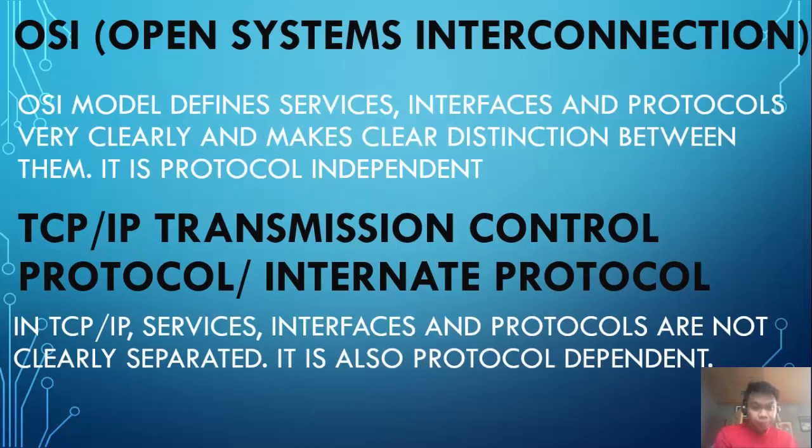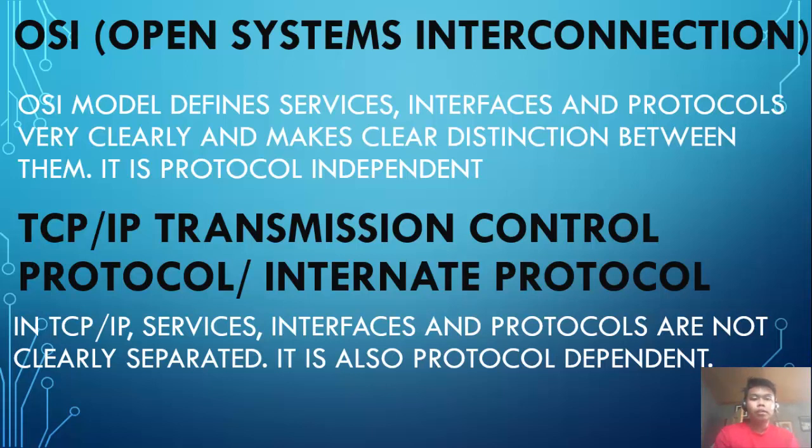The OSI model defines services, interfaces, and protocols very clearly and makes a clear distinction between them. It is protocol independent, but in TCP/IP the services, interfaces, and protocols are not clearly separated. It is also protocol dependent.